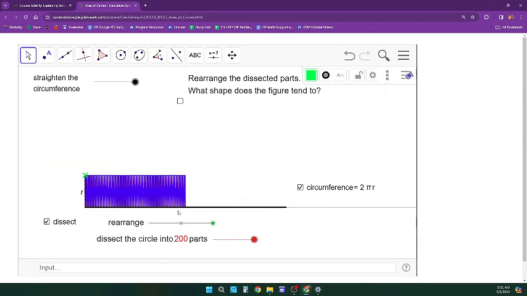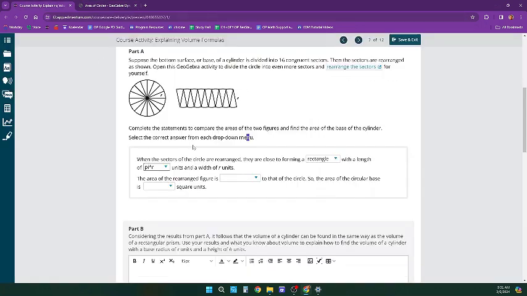So our base is pi r, and our height, or width, is r. So ultimately, our equation is going to be pi times r times r, or pi r squared. So the area of the rearranged figure is equal to that of a circle. So the area of the circular base is pi r squared.